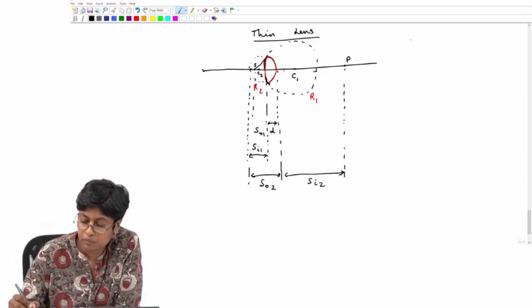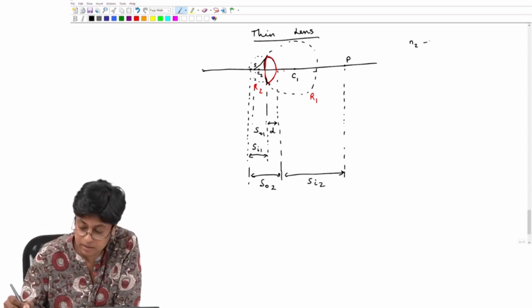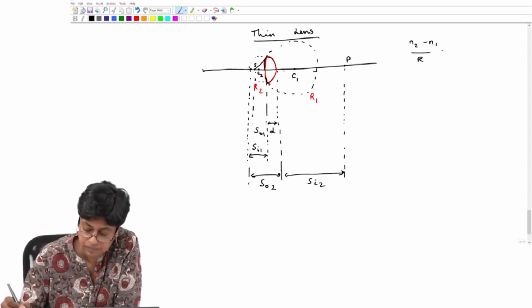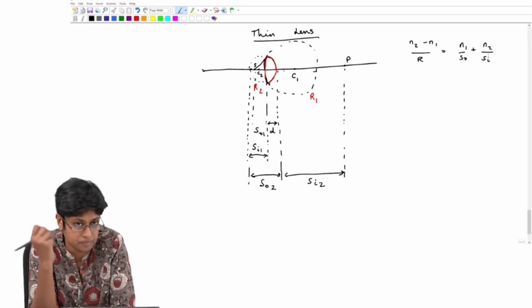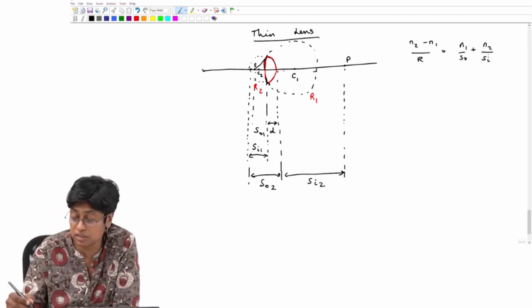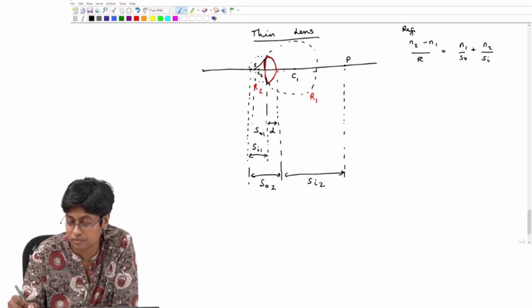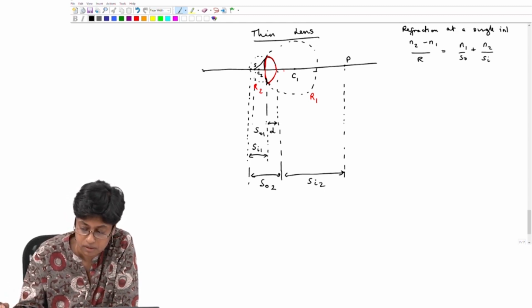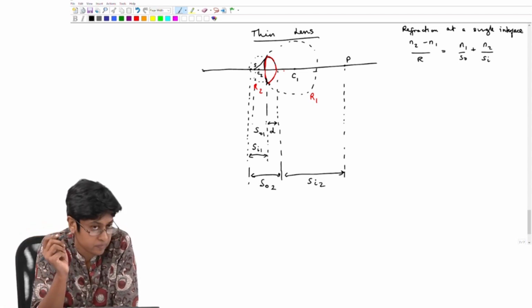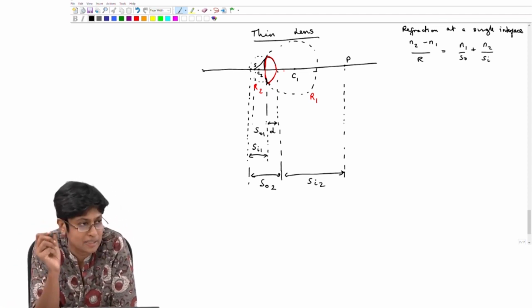Remember, we had just arrived at this expression for refraction at a single interface. Now, what happens in this expression?